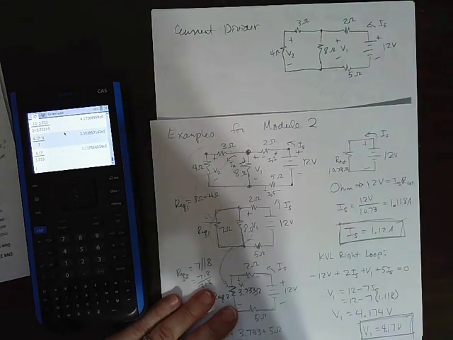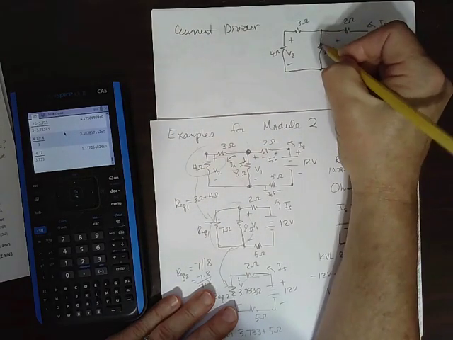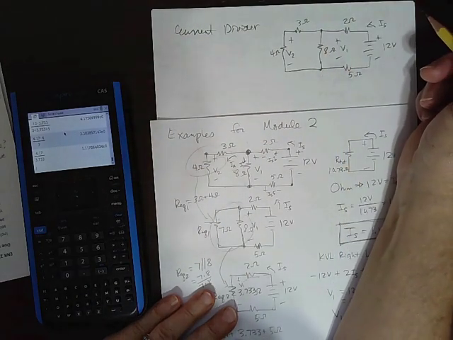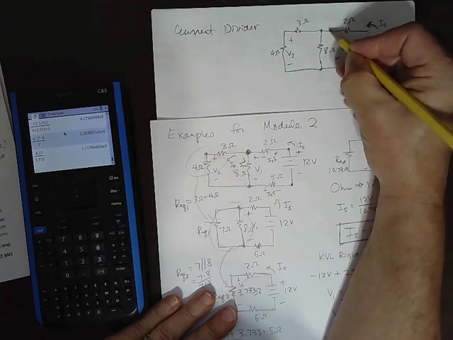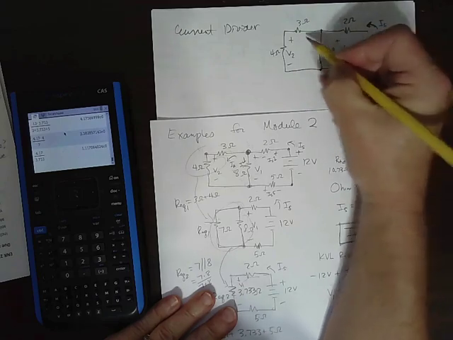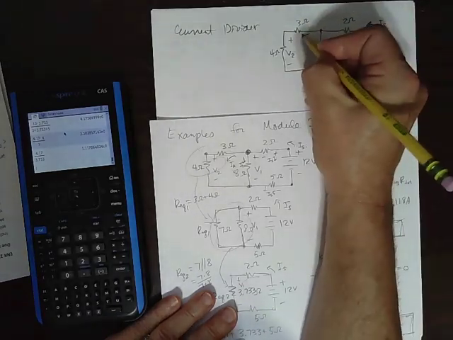Okay, so for the current divider method, we need to know the current flowing somewhere, right, into some resistors in parallel, and then we can say what the currents are from that. So say if we knew IS flowing into this combination, we could get, what do we call this?